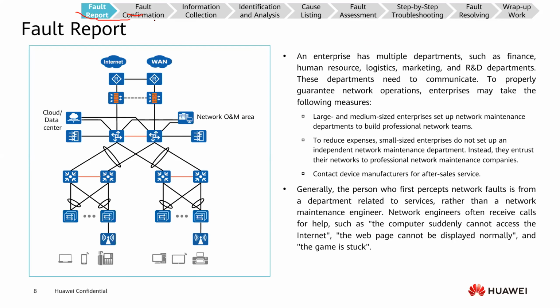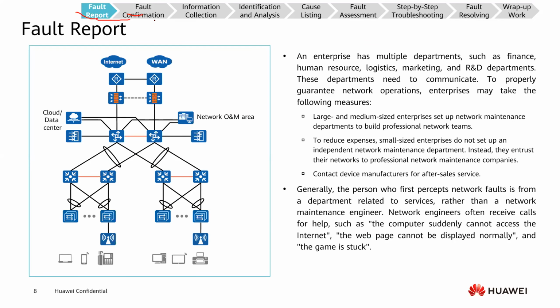First is the first report. So why do we need this step? We can see here, that's because generally the person who first processes network faults is from a department related to service, rather than a network engineer.